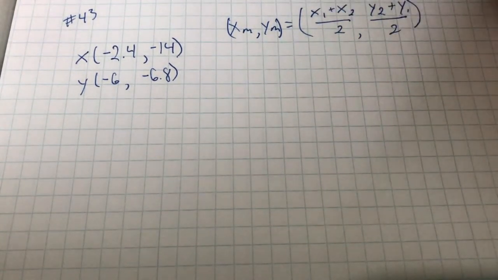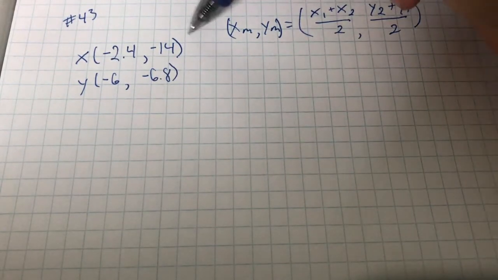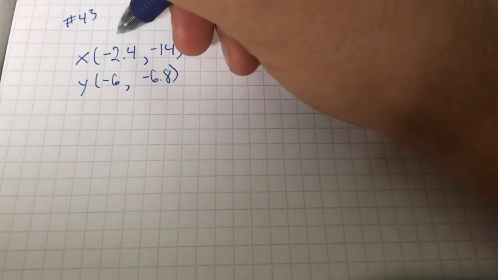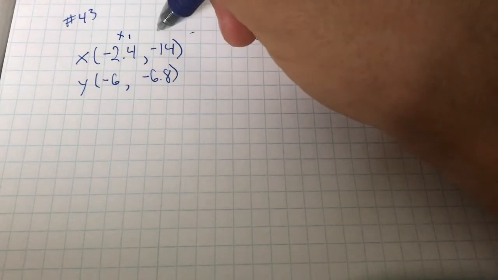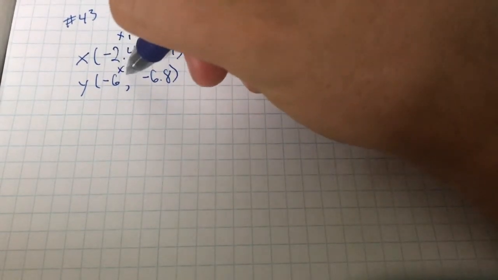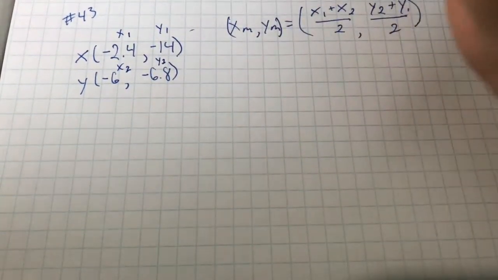I want to label which one is my x1, y1, x2, y2.